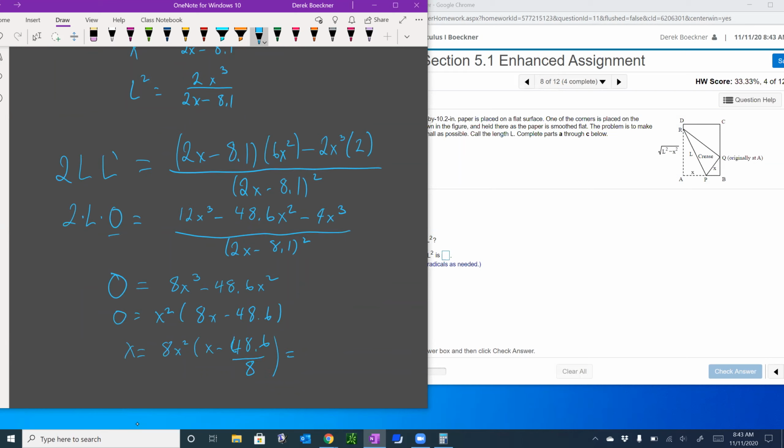Which would be 6 and 3/4 of a tenth, so 6.075. X equals 0 or X equals 6.075.